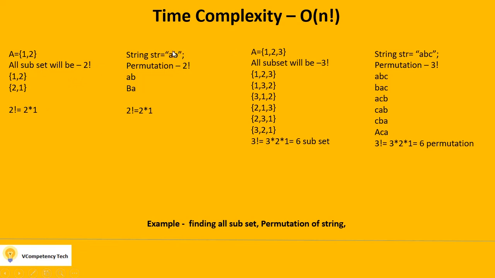Here the length of the string is n. Then permutations of the string will be factorial n. The time complexity will be O factorial n. So this is how, just by seeing the program, you can immediately tell somebody that the time complexity is this.